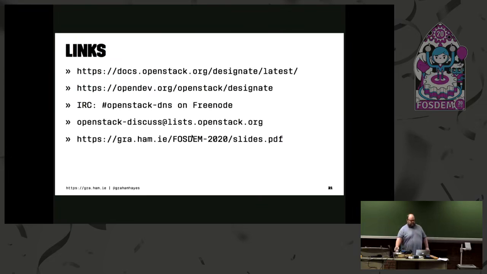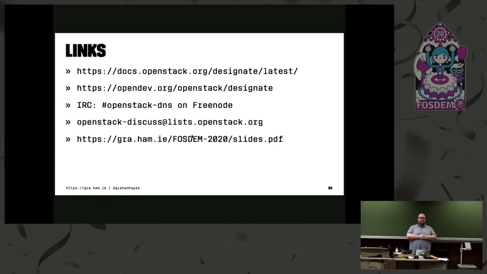So this is the list of links. The slides are there as well. The Designate docs have everything from the install guide for Ubuntu, CentOS, and SUSE Linux. The code is all here for the main service.